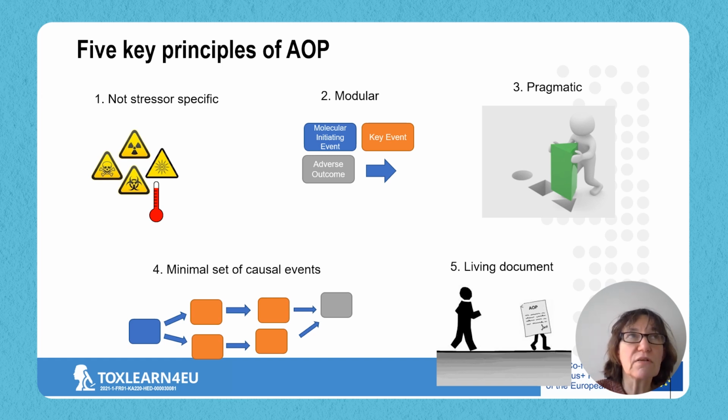So if you submit an AOP in the AOP Wiki, it is looked upon by a group of experts, and these experts might suggest you dig deeper in the literature and maybe change the AOP a little bit, or you can yourself find additional evidence and add this also to the AOP Wiki. As such, the AOPs are living documents at the AOP Wiki.